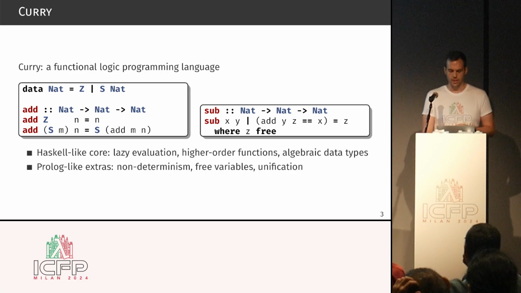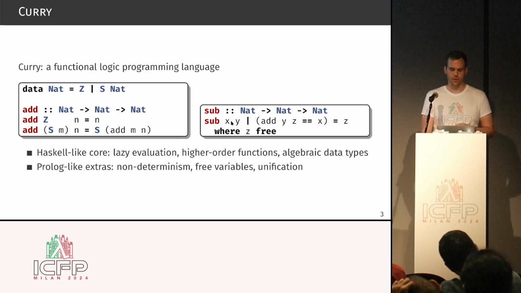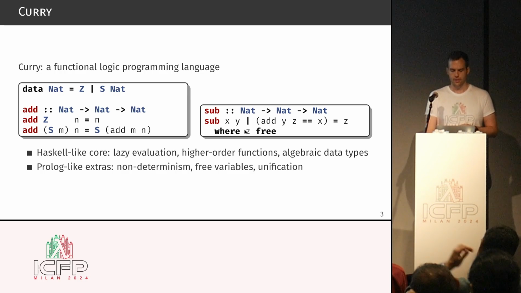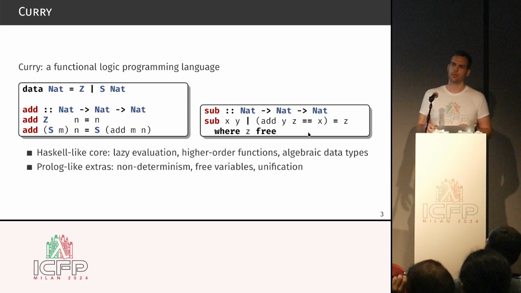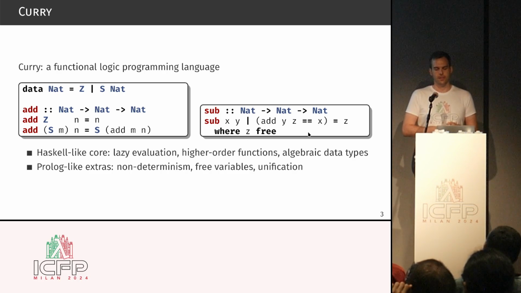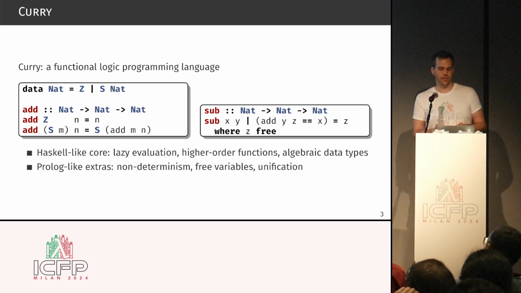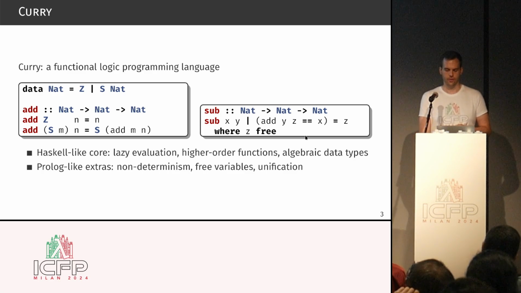So if we have x and y as arguments, we can write this equation that this introduced free variable z added to y should be x, and then this logic variable is also the result. So that's part of what Curry adds to the language.